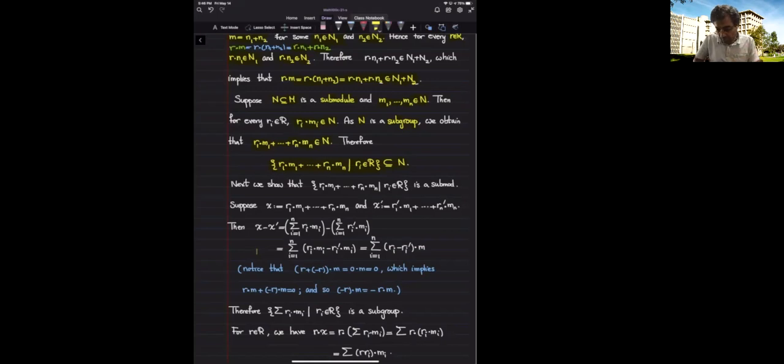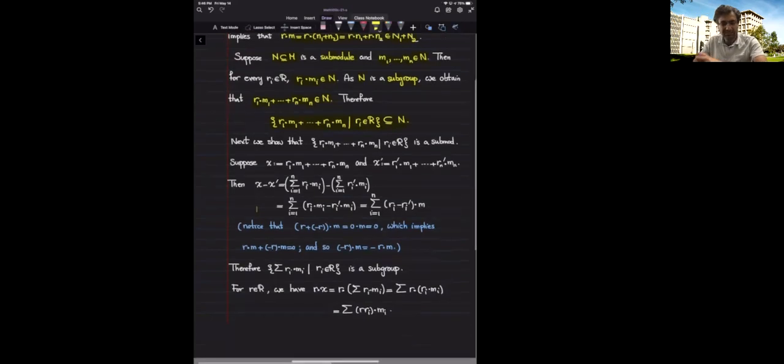Because knowing that this set contains m sub i's and it's a submodule shows that it is among the submodules that contain m sub i's. But then, coupled with this inclusion, it implies that this is the smallest one. There is nothing that can be smaller than this. In fact, everything that contains m sub i's should contain this.